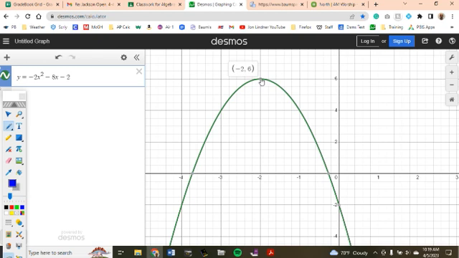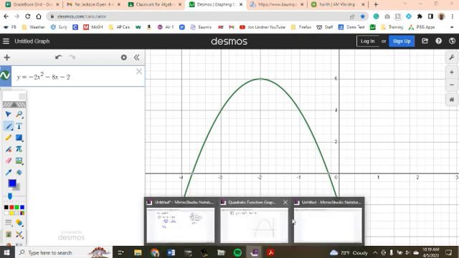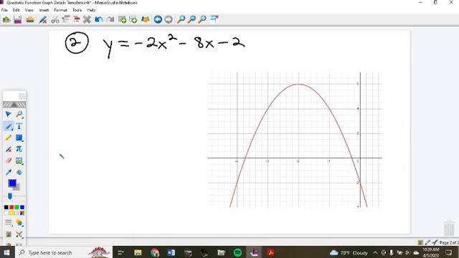All right, so we click on this right here. There's my vertex. My vertex is negative 2, 6. You can abbreviate it with VTX if you want. Negative 2, 6. That means I also know the maximum.